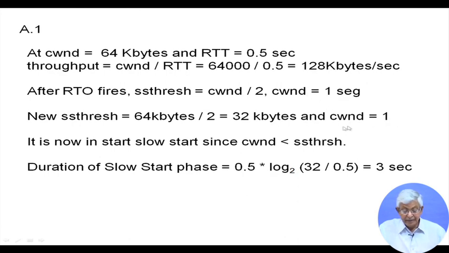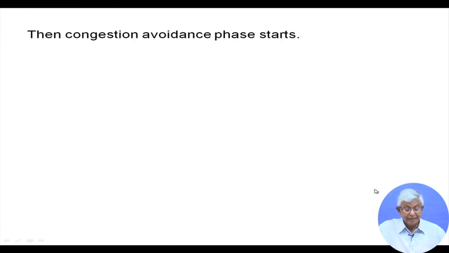Now, CWND is less than SS threshold. Therefore, it is slow start. In the slow start phase, the duration is RTT times log 2 of 32 by 0.5, which comes out to be 3 seconds. This is the number of RTTs, this is each RTT. So, it comes out to be 3 seconds.